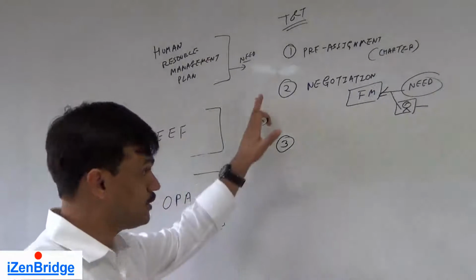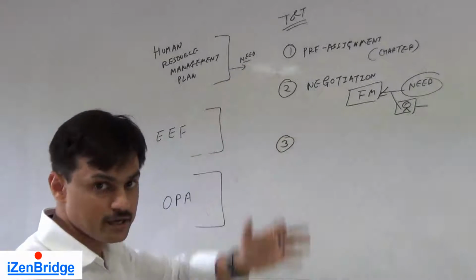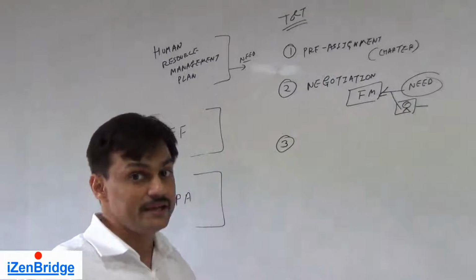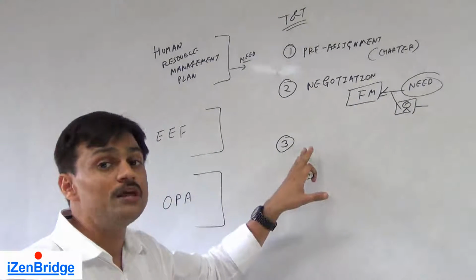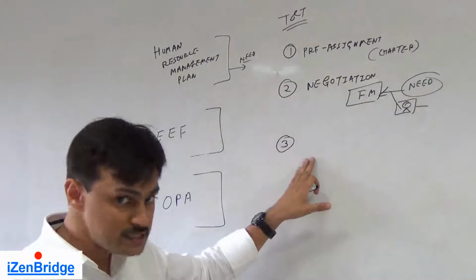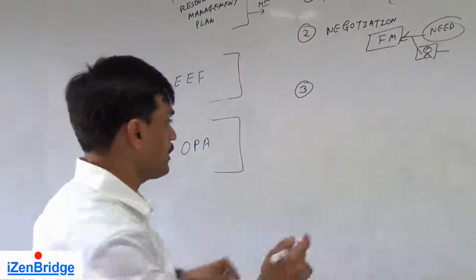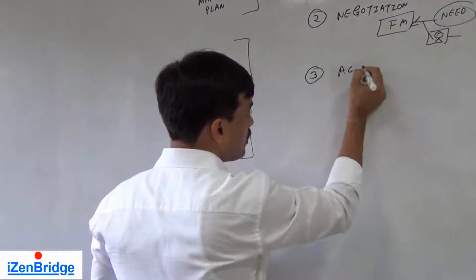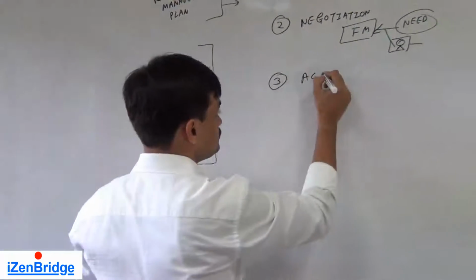You did negotiation, you had few people who were already assigned to your project, but still you may need a significant amount of people for your project which can only be acquired. Means get people from external environment. So for that you need to do acquisition.